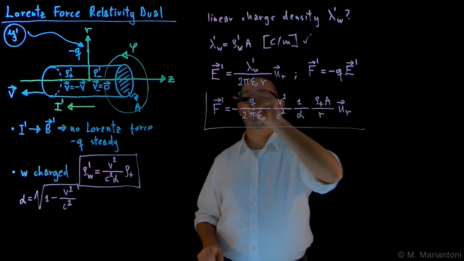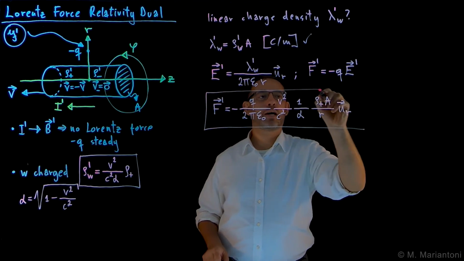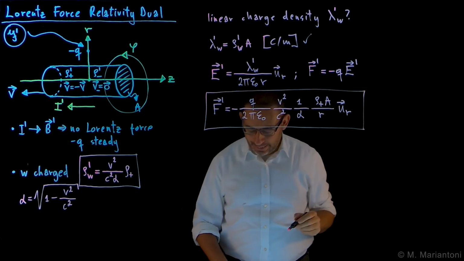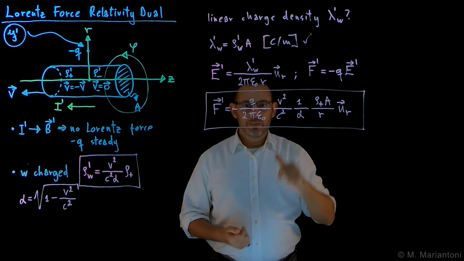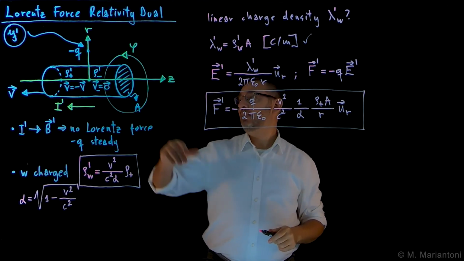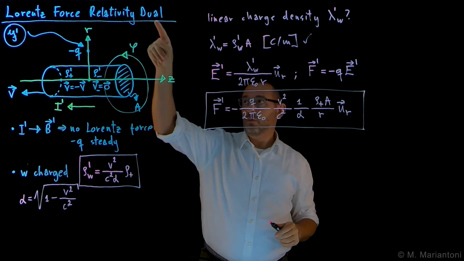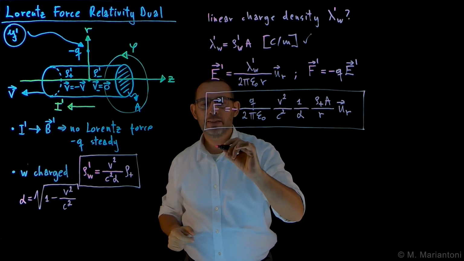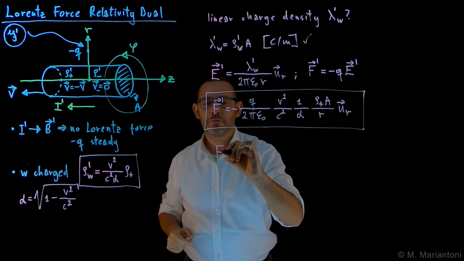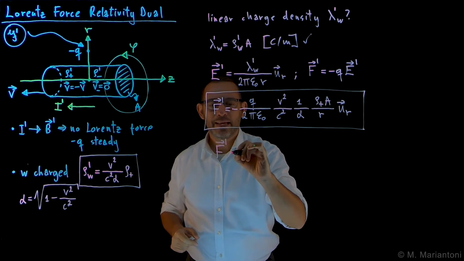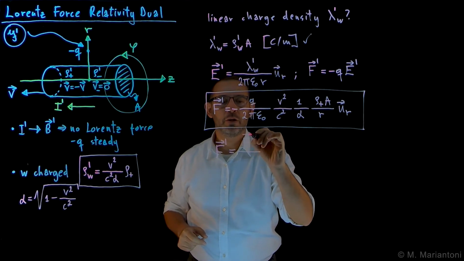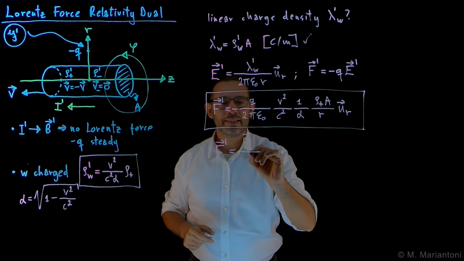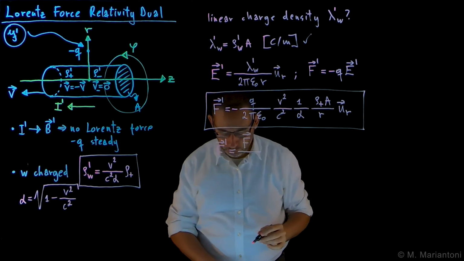So this equation here is the result that we get in the reference frame F prime for the Lorentz force acting on minus q. If you go back to the first video of this series of 3, Lorentz force relativity without dual, you will find out that F prime is actually nothing but the F we found in that video in the first reference frame, simply divided by alpha.